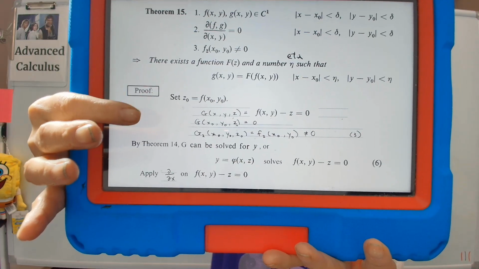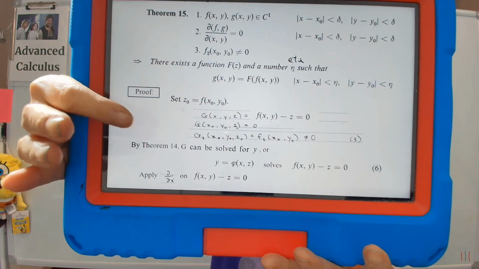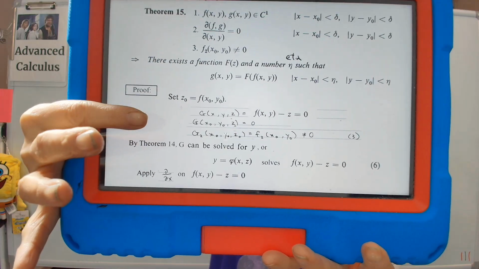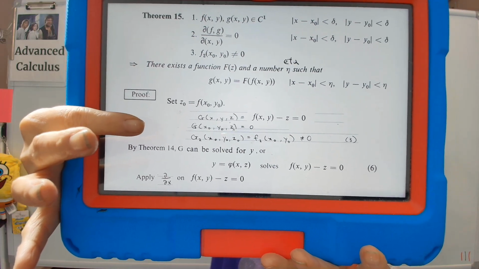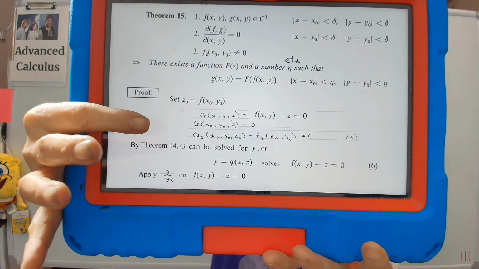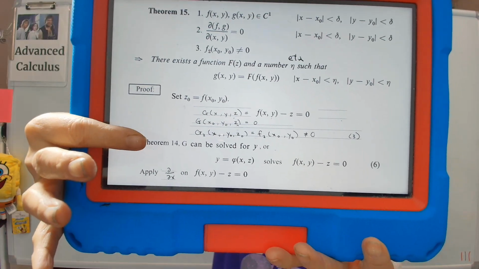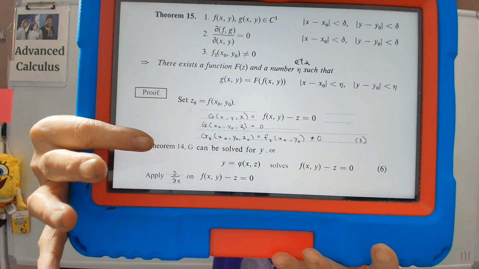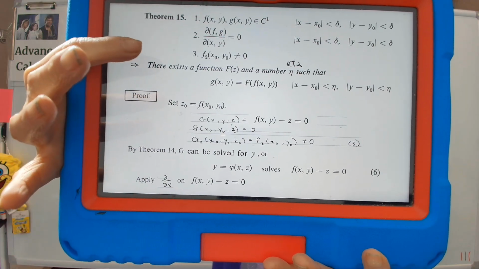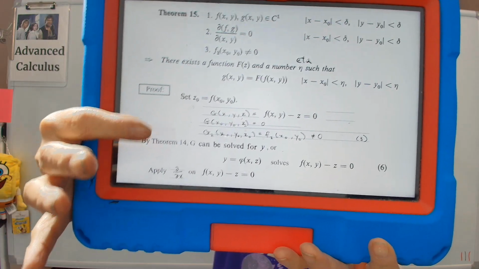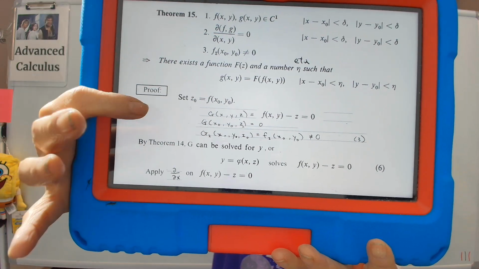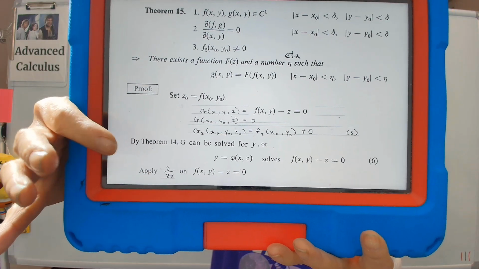Then G of x0, y0, z0 is 0, of course, because of this. And then I take the partial derivative G2, which happens to be f2, and that is not 0, as given here.